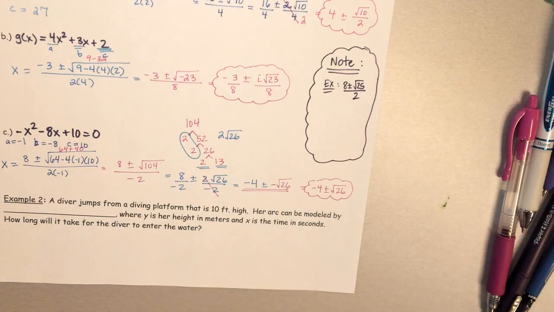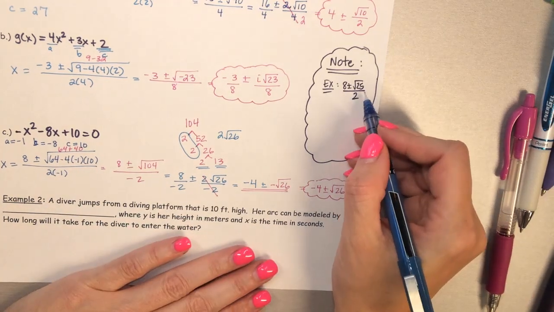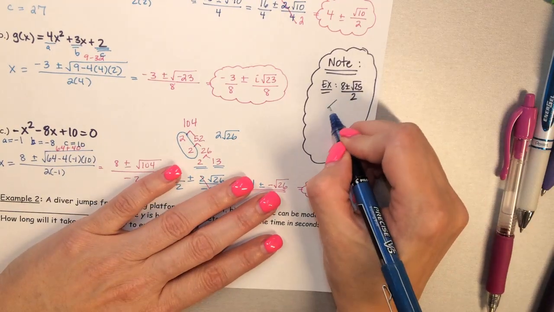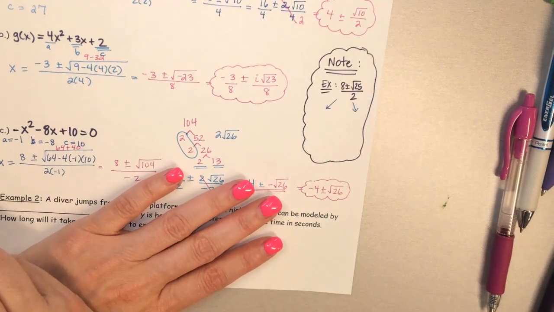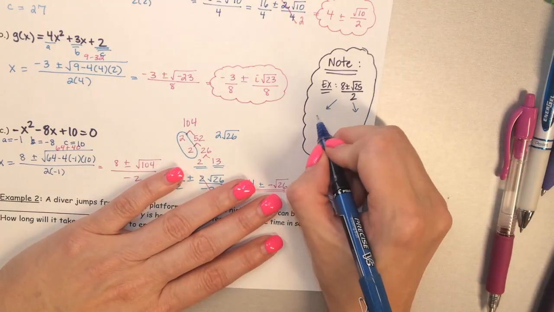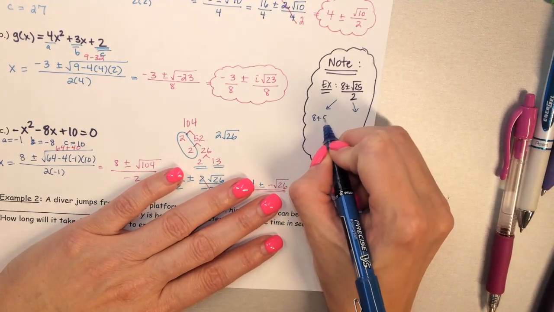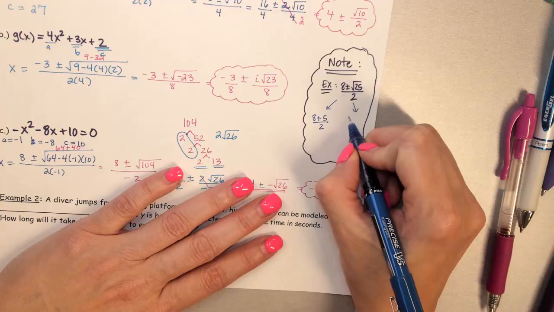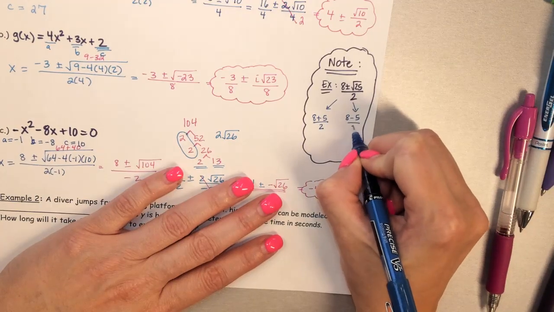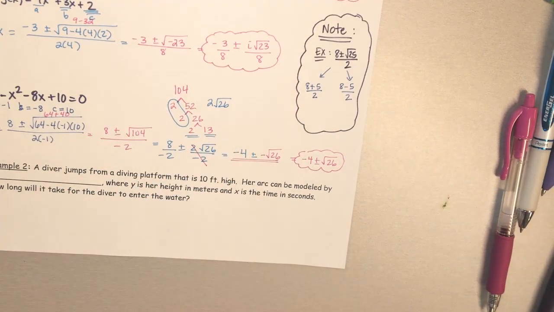Okay, so we didn't do one where you had a perfect square under the radical. If that happens, you are going to write out the 2 answers. So you know the square root of 25 is 5. So this is 8 plus 5 divided by 2, and 8 minus 5 divided by 2. So there are going to be a few cases on your homework that you can simplify just by simply adding.